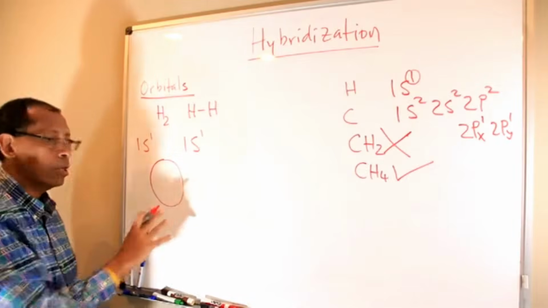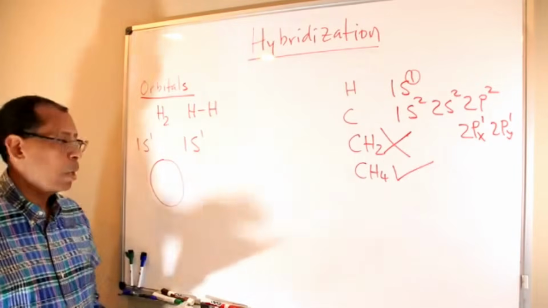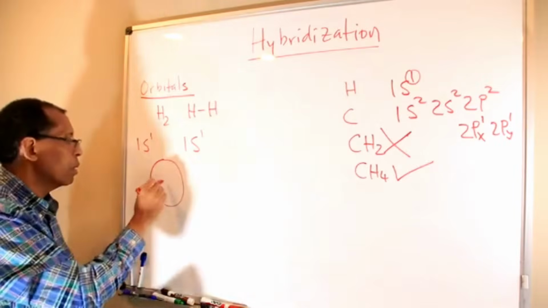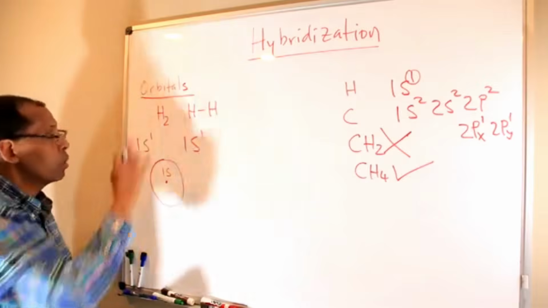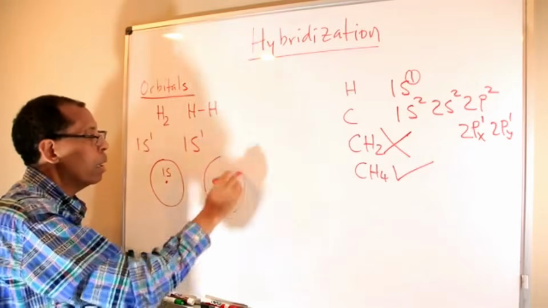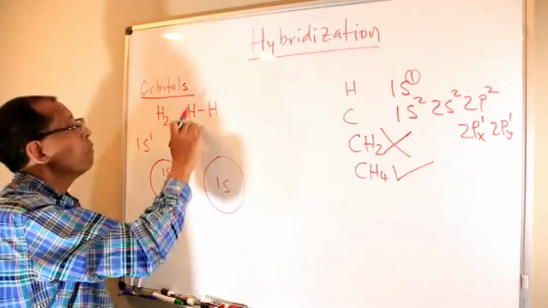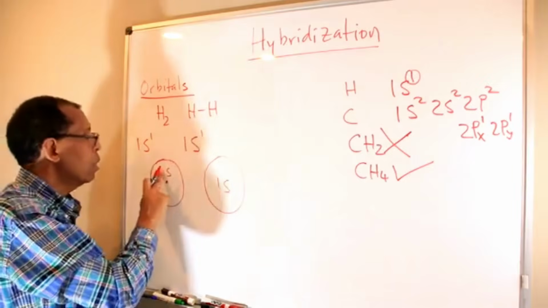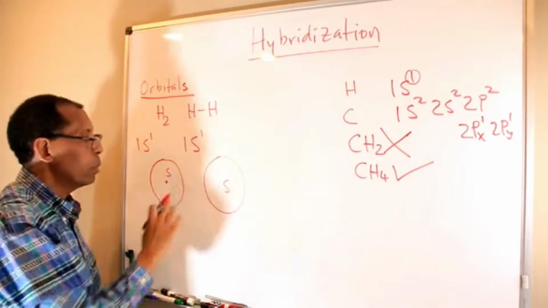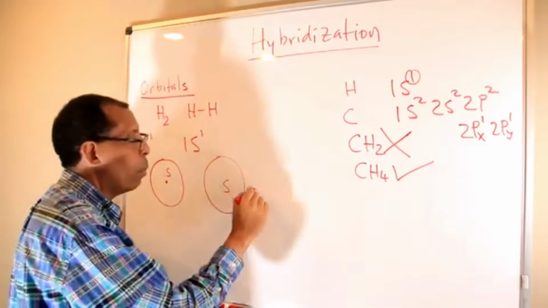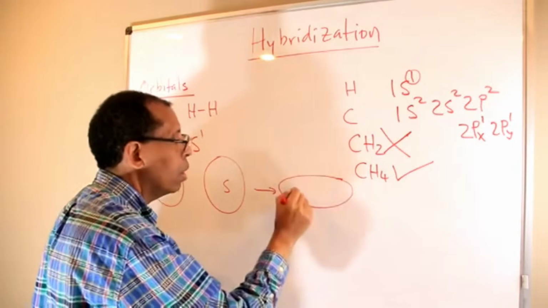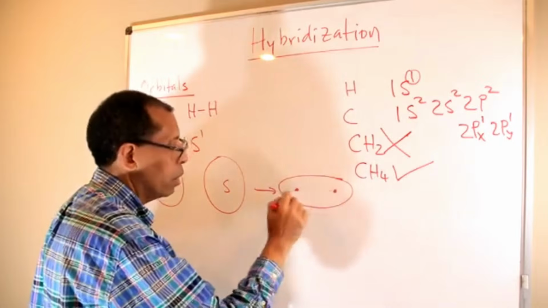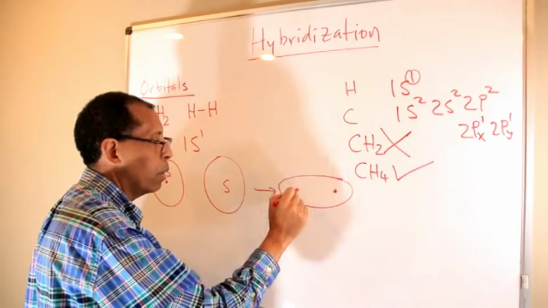An s orbital is circular, a sphere type. This is a 1s orbital where one of the electrons exists, and another one is 1s for this. So there are two s orbitals. When they combine, they become a cylindrical shape with the nuclei like this.